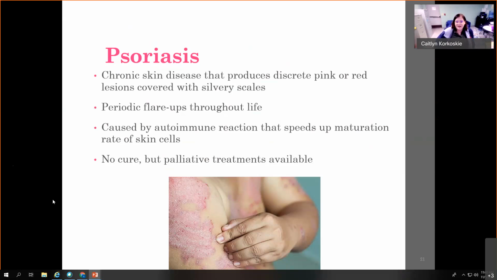This isn't related to herpes, but it does have flare-ups, so it can lay dormant and then reappear throughout life. They may not have it all the time. It's caused by an autoimmune reaction that speeds up the maturation. I cannot say this word, I don't know why.